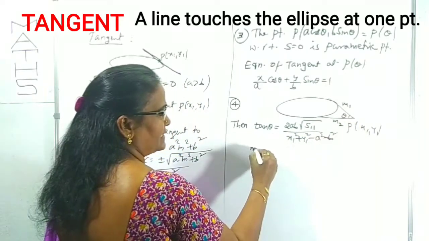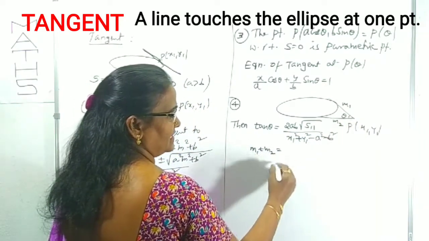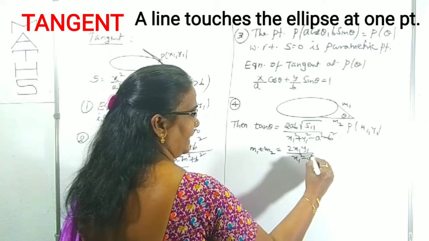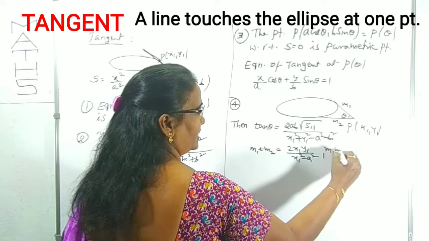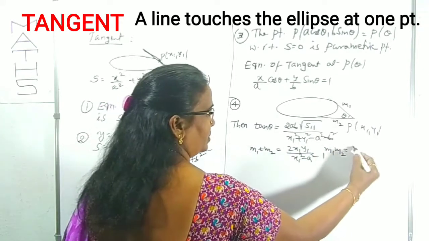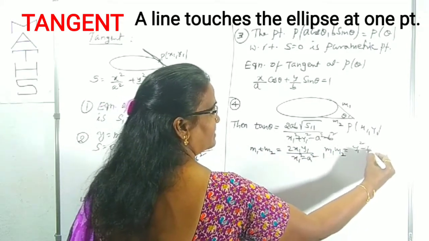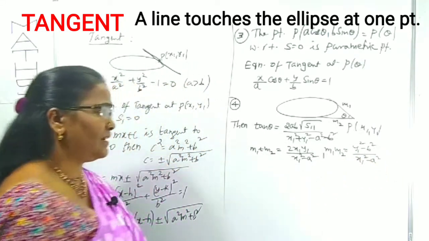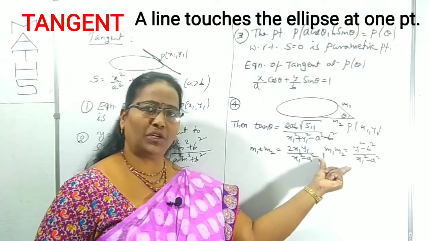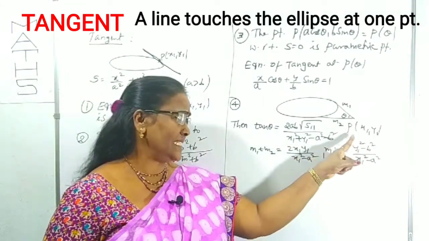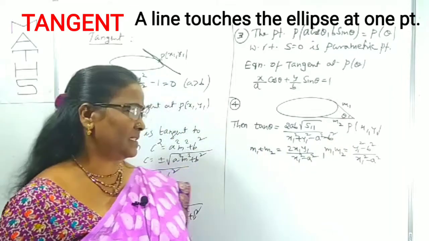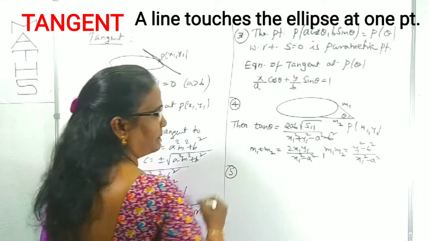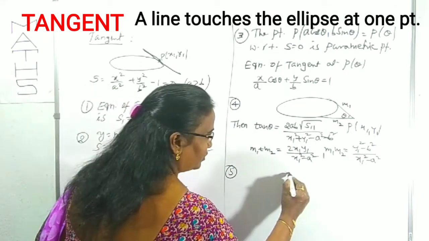We can observe that the sum of the slopes of those tangents is 2x1y1 by x1 square minus a square, and the product m1 m2 is equal to y1 square minus b square by x1 square minus a square. Sometimes he may ask the sum of the slopes and the product of the slopes of tangents drawn from a point to the ellipse. Clear?